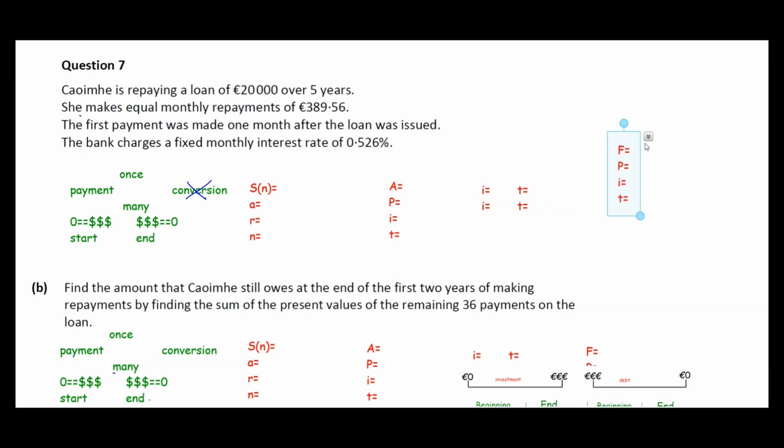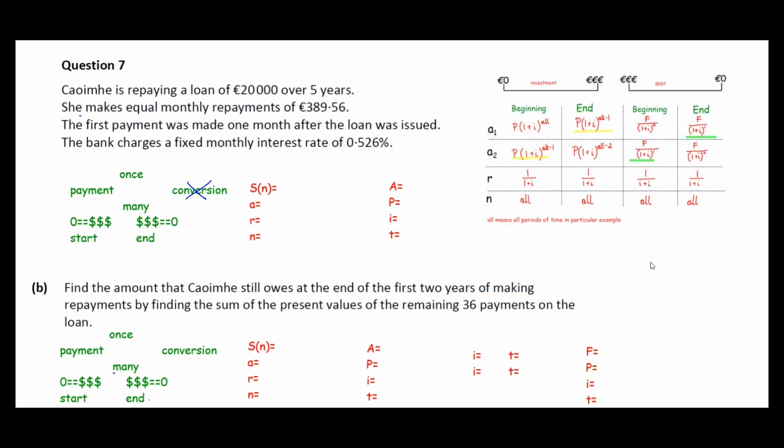That's the compound interest once-off, and that's the conversion, so those are the two options. I know it is many payments, and we know she goes from having the loan money to having zero, and she makes the first payment one month after the loan was issued, so at the end. So I know those are the two options.